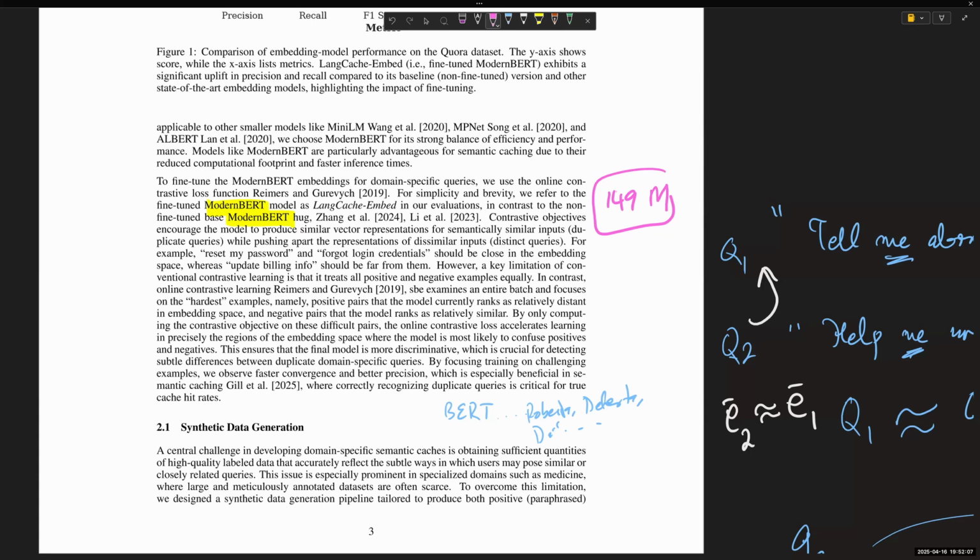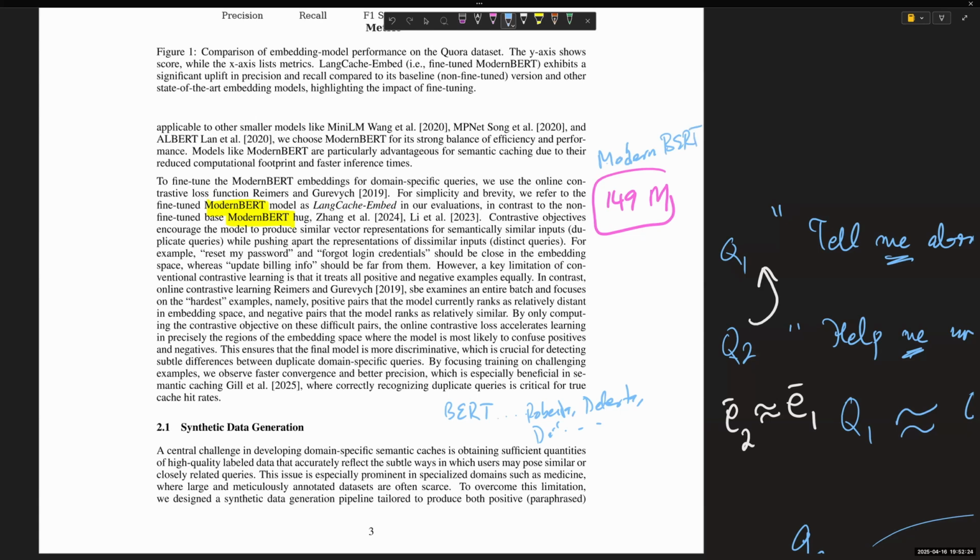Let's redo the whole thing and see what happens. Right? So 149 million parameter ModernBERT by today's standard is minuscule, as you would agree, the way the LLM sizes go.